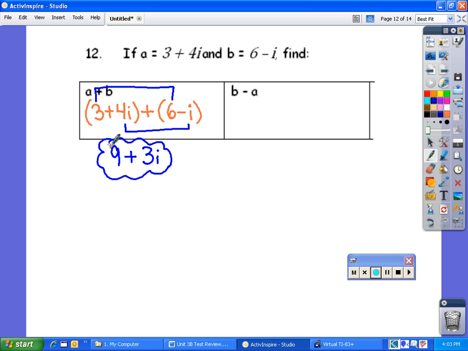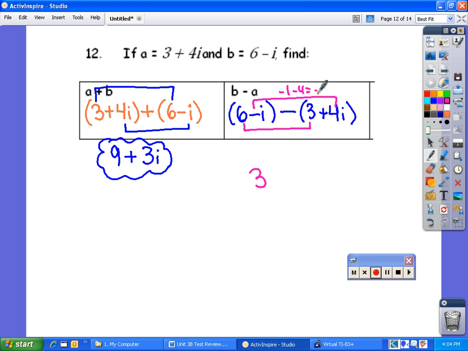Easy enough. Alright, the next one says B minus A, so that's 6 minus i minus 3 plus 4i. So again, you're going to combine like terms. 6 minus 3 is 3, and negative 1 minus 4 is negative 5.